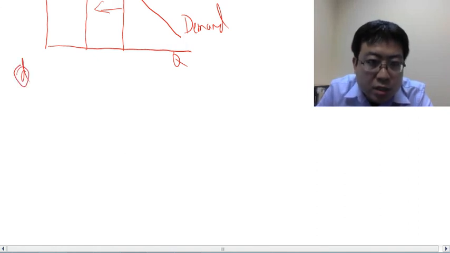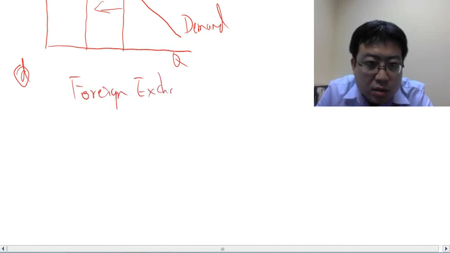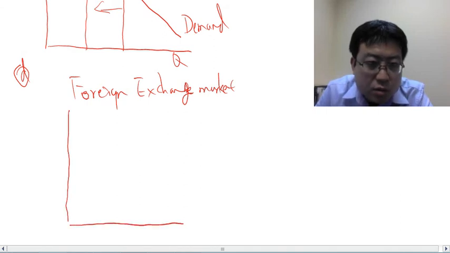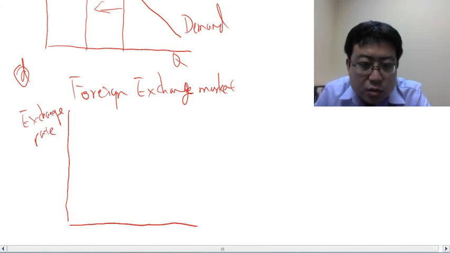is going to show our foreign exchange market. This is the exchange market for US dollar. So we have exchange rate over here. And then this will be our quantity of US dollar.